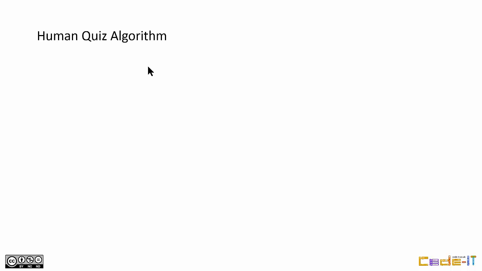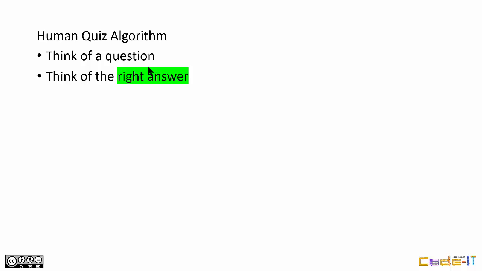So nearly always children will say things like, ask the question first. But actually, we've really got to think of the question as that first starting point. That's really, really important. And often children also miss out this next point, which is thinking of the right answer, because there's not much point having a question unless you've worked out what the answer is as well.